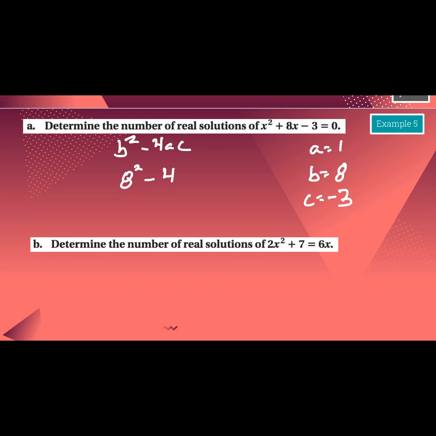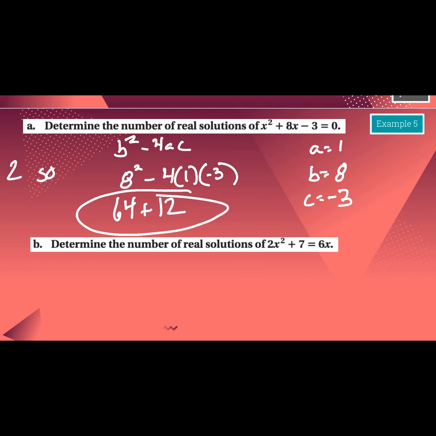8 squared minus 4 times 1 times negative 3. 8 squared is 64. Negative 4 times 1 is negative 4. Negative 4 times negative 3 is positive 12. We technically don't even need to add this together. We can see it's going to be a positive number, so there's going to be two solutions.